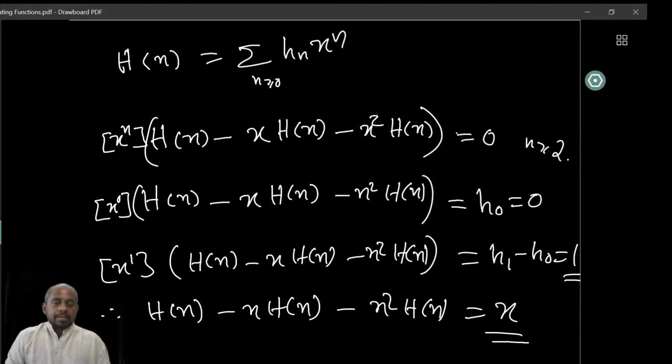So what it says is that if you take hn and subtract hn minus 1 and hn minus 2, you should get 0, because of the recurrence relation.